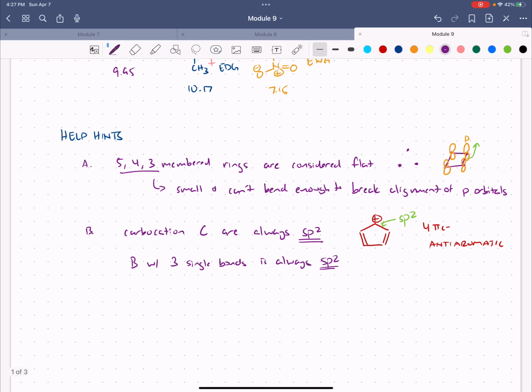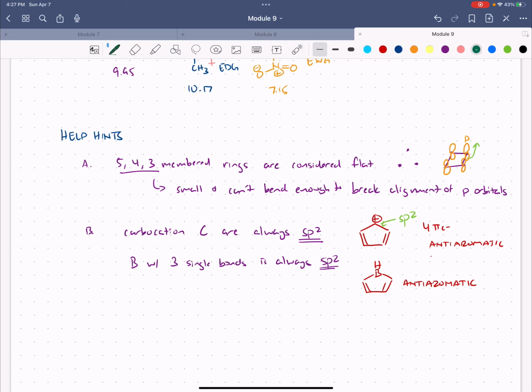It has to be sp2. And so, for instance, this 5-membered ring is flat. Let me finish this thought, because this is also anti-aromatic. All the atoms are sp2, we only have 4 pi electrons, and the molecule is flat.